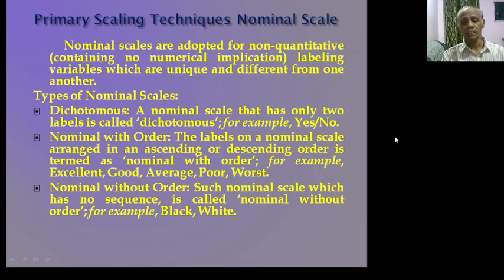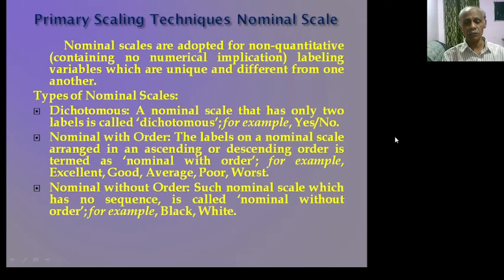For example, if I ask a student, do you know the definition of research? There are 2 answers. The student may say yes or no. When a researcher asks such questions, either in a questionnaire or in data collection, a question which has only 2 options, yes and no, is called a dichotomous question.